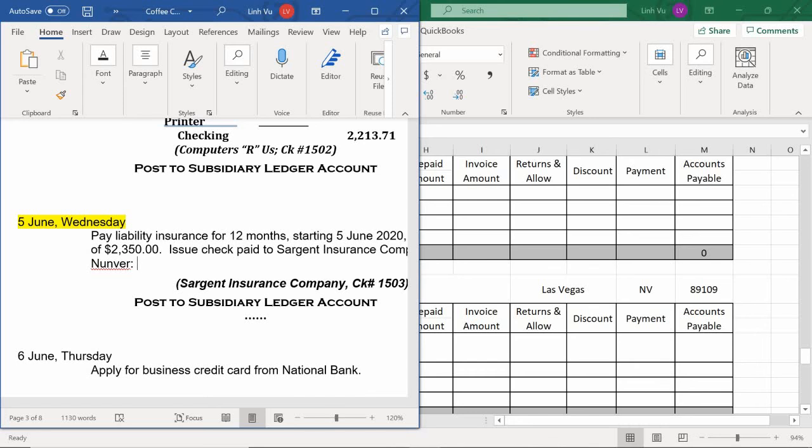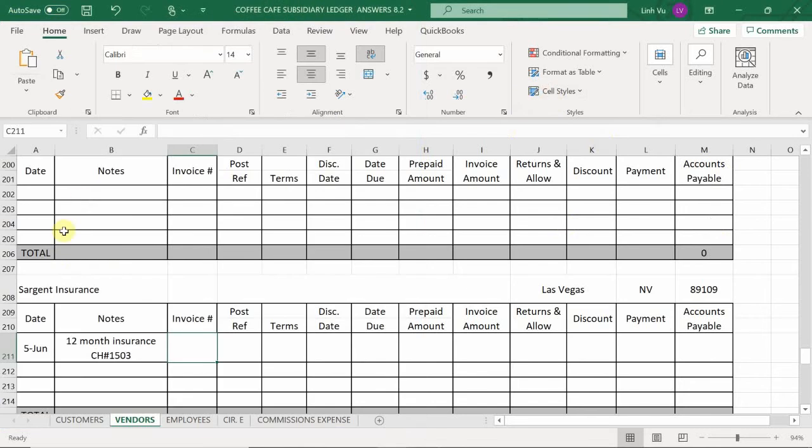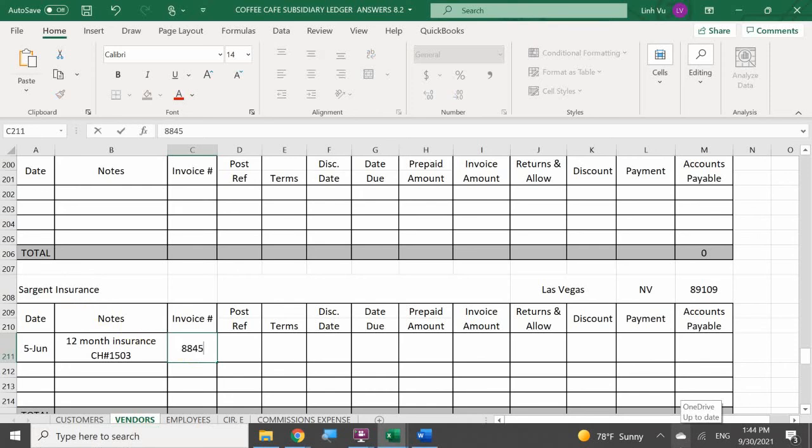That's the insurance, which one you bought. We can make it 884513. So 884513 is the policy number, the same thing as the invoice number. Okay.